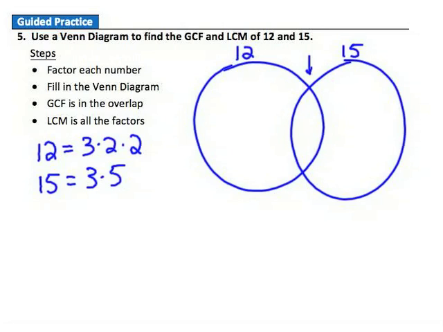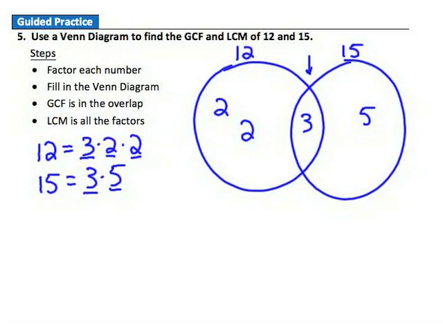So we come over here and we're looking for common factors, and sure enough, 12 and 15 both have a common factor of 3. So that 3 is going to go in the overlap. 12 also has factors of 2 and 2, so they're going to go outside over here in the circle for 12. 15 has a factor of 5, and that's going to go outside over here in the circle for 15.